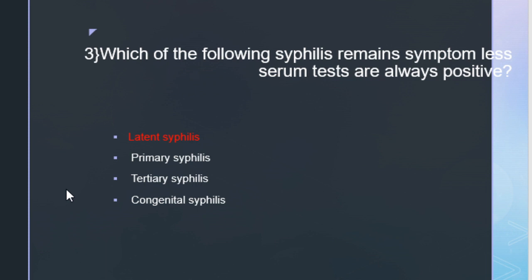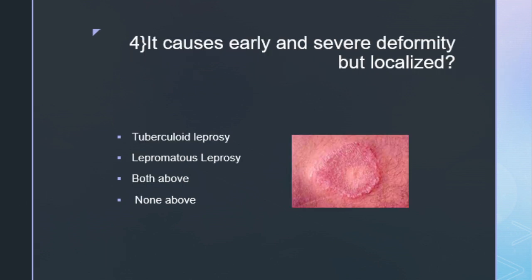First one, latent syphilis. So the next question is, what causes early and severe deformity but the deformity is localized? First one is tuberculoid leprosy, lepromatous leprosy, both of the above, none of the above. First we will see the difference between tuberculoid and lepromatous leprosy. They are nothing but the two extreme varieties of leprosy.